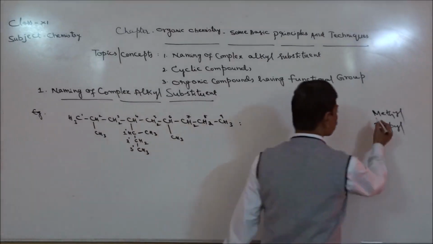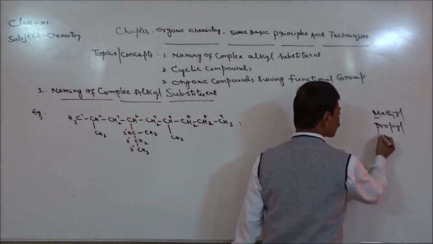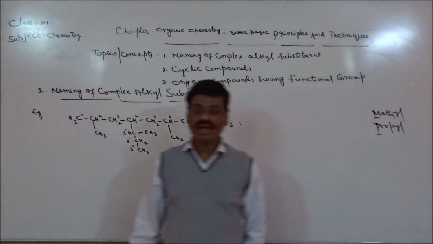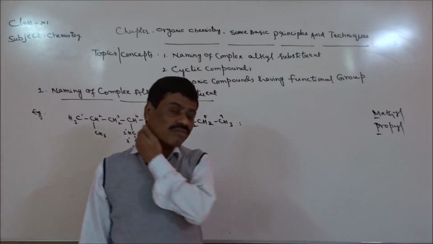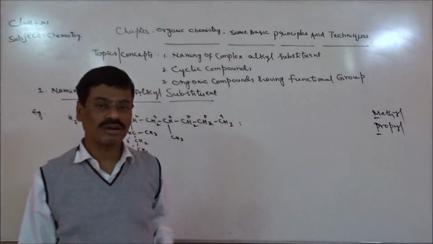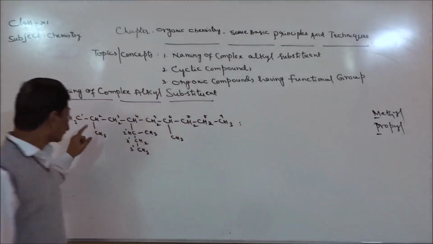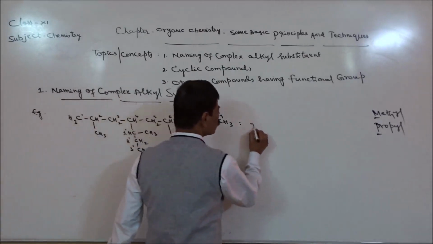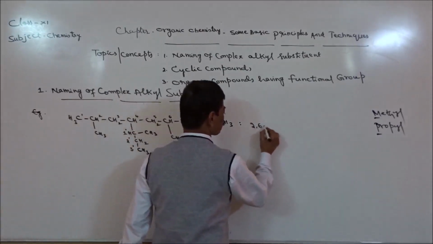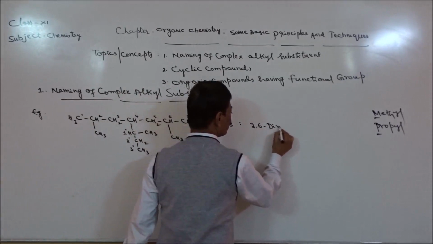So, the first letter is M, in propyl the first letter is P. Since M precedes P, therefore in the name methyl should come first. So here the position of these methyl groups is 2 and 6. So its name is 2, 6 dimethyl.